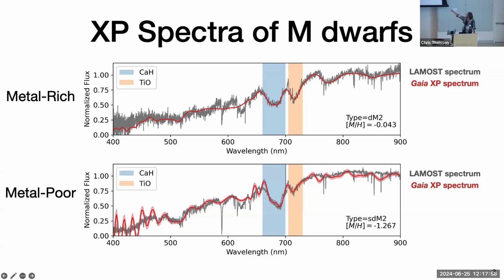You can see the calcium hydride band in blue and the titanium oxide in orange. And even though there's some unphysical wiggles in the XP spectra, you can see that they trace out the general shapes of these things. So we have a strong dependence of the SED on metallicity, and we have low resolution spectra that should be able to be sensitive to the metallicity.